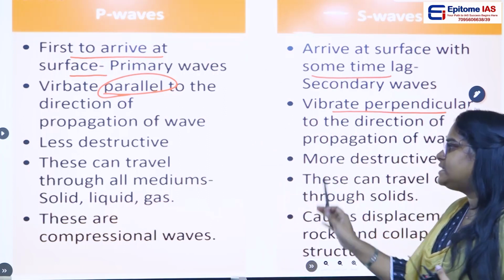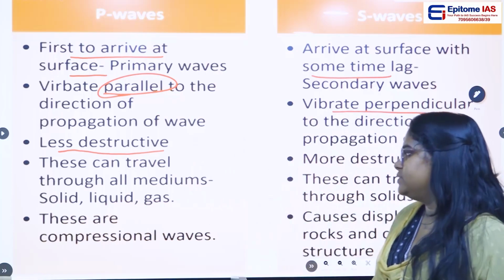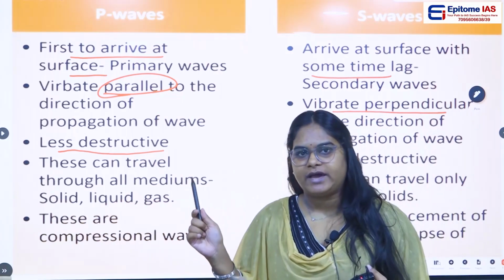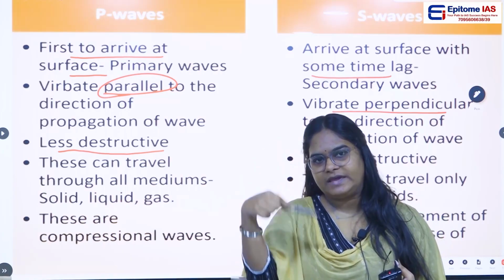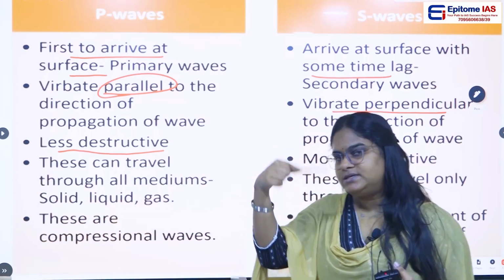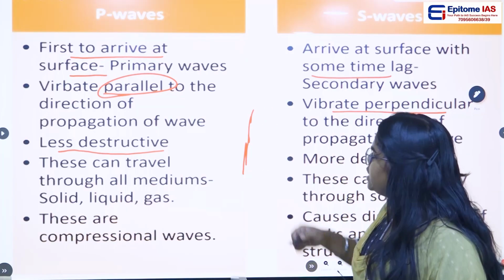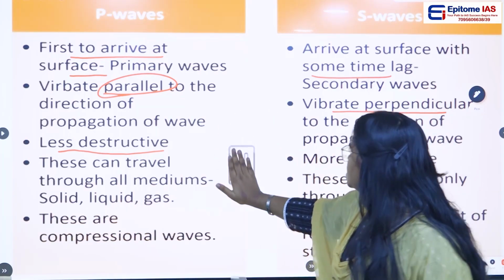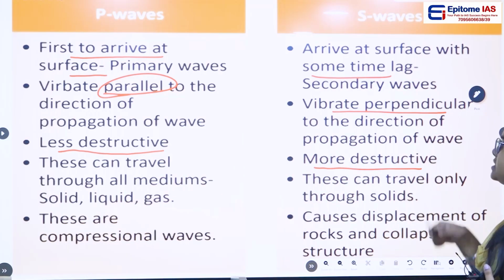The next point is that P waves are less destructive. They are not much destructive. Why? Because they propagate in the direction of the wave, moving back and forth like this, so they will not create much destruction. But the secondary waves create much destruction.